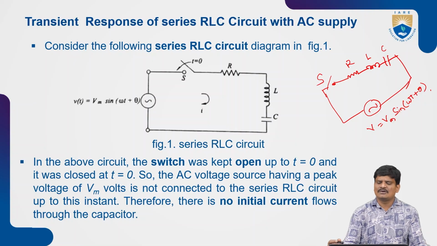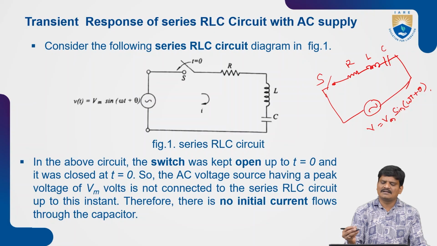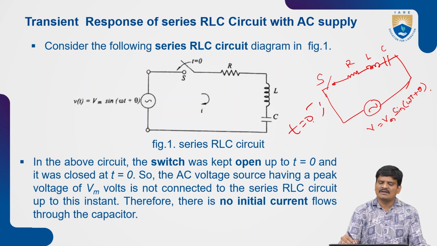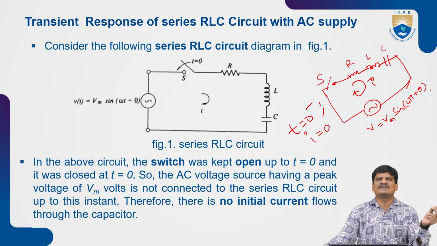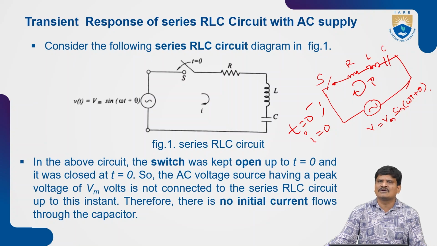Initially, when we see the circuit, the switch is in open condition. So at t equal to 0 minus, when the switch is open, the current flowing in the circuit is 0. Whatever the circuit may be, it may consist of n number of elements, if there is an open path in the form of a switch or the circuit is broken, then automatically the current flowing in that circuit will be equal to 0.